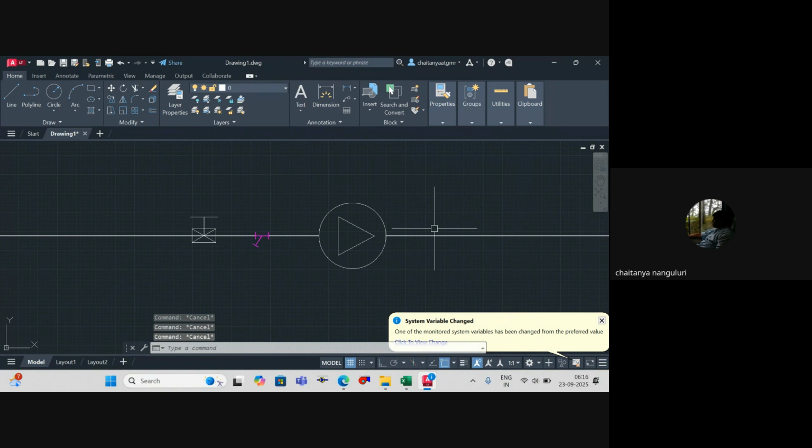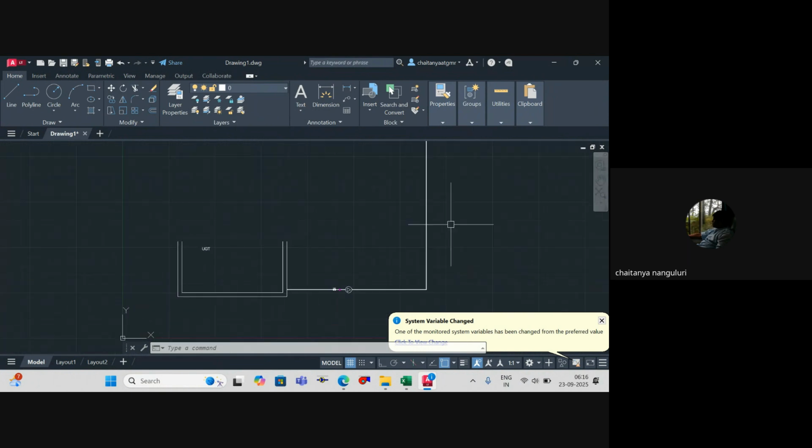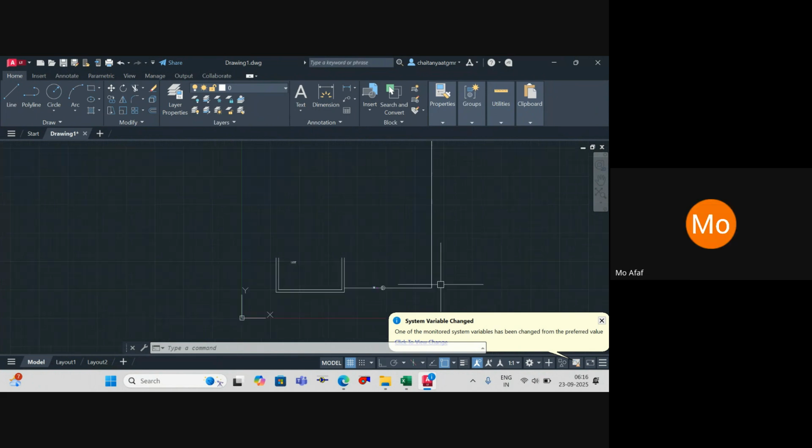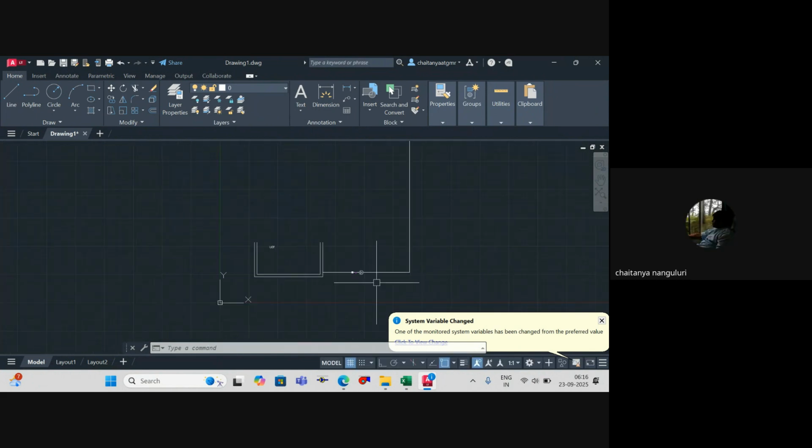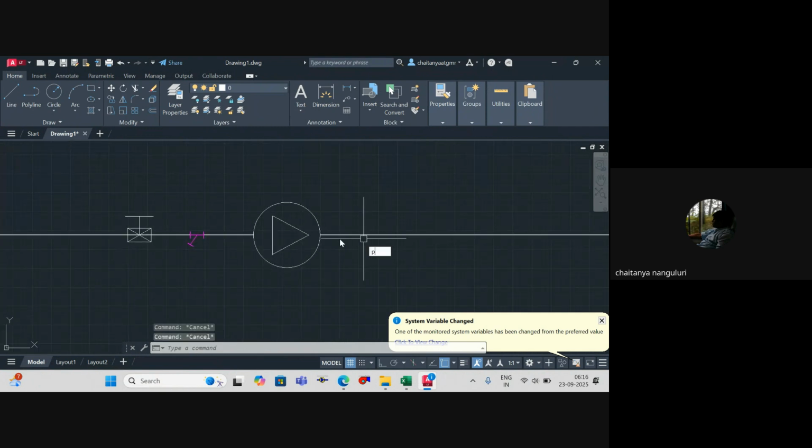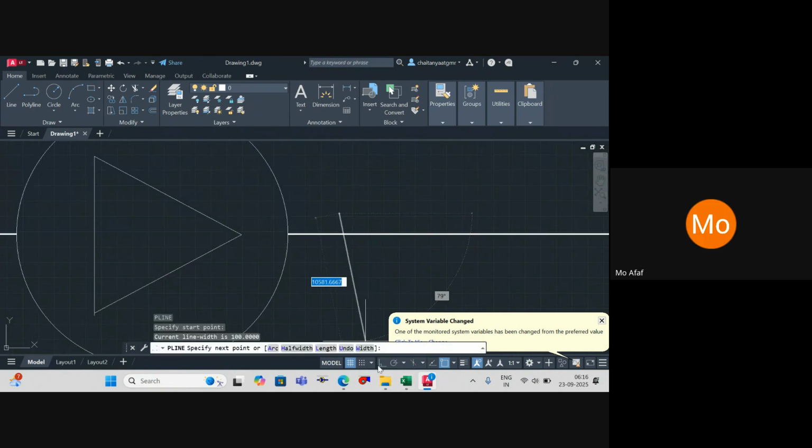Then at the pump outlet, it's mandatory to install a non-return valve, NRV. The reason you require an NRV is that water should not flow back to your tank because of gravity. So it's mandatory to provide an NRV.